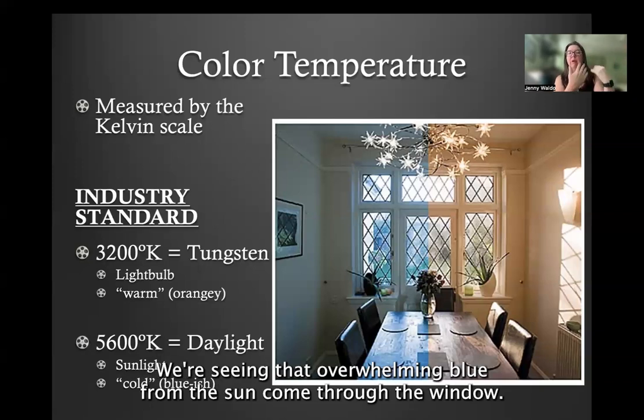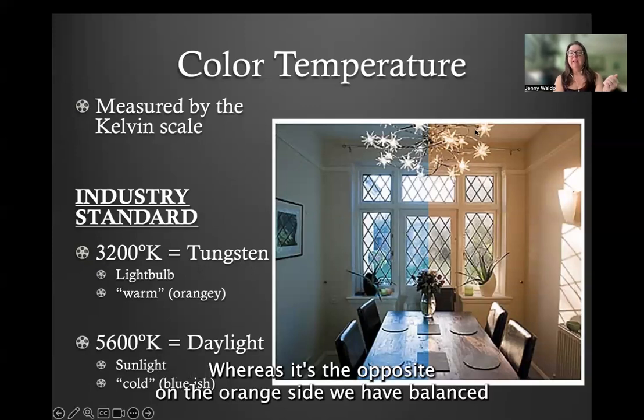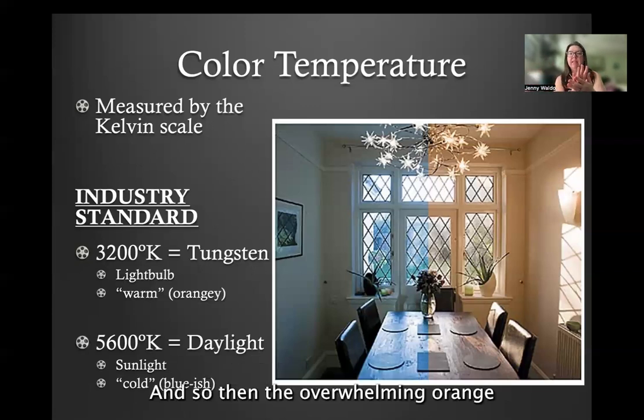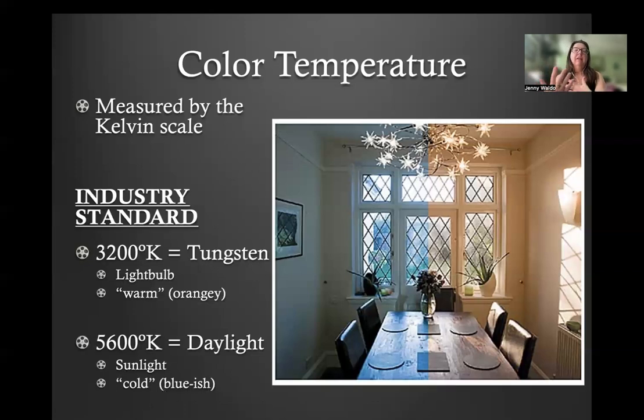We're seeing that overwhelming blue from the sun come through the window. Whereas it's the opposite on the orangey side: we have balanced so that the light coming in through the window, that daylight, is white. And so then the overwhelming orangey color of the tungsten lamp is seen.